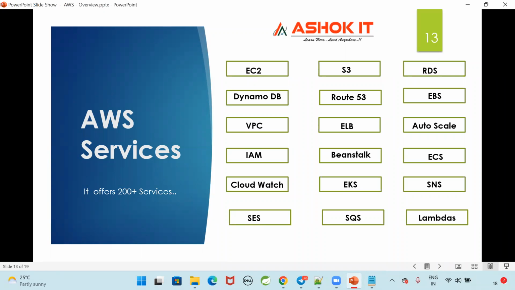AWS is a cloud platform managed by the Amazon company. Amazon is the cloud provider, and AWS is the cloud platform. Whatever resources or infrastructure we need for our project, we can take from AWS cloud, with pay as you go pricing.